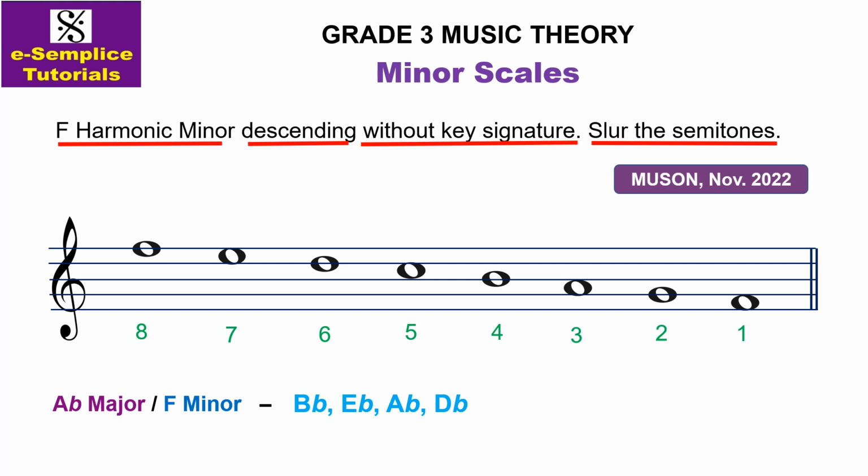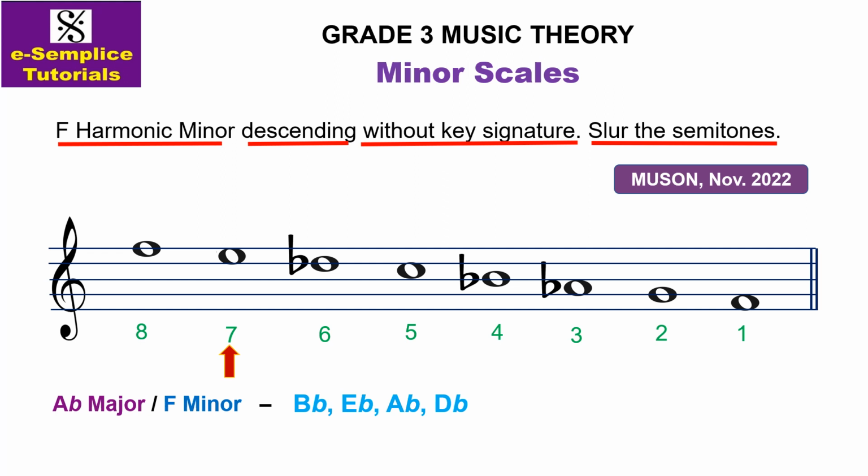Good. Now for a harmonic minor scale, it means the 7th degree. Oh, sorry, let's add the key signature accidentals first. That's B flat, E flat, A flat, and D flat. Then we can now raise the 7th degree to show the harmonic character, and with that the flat goes.